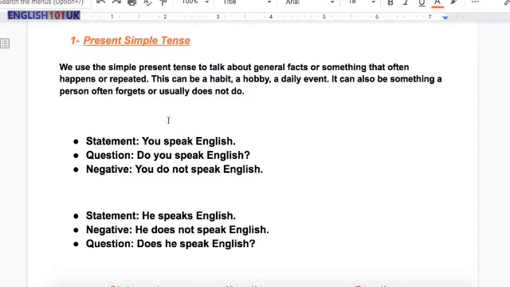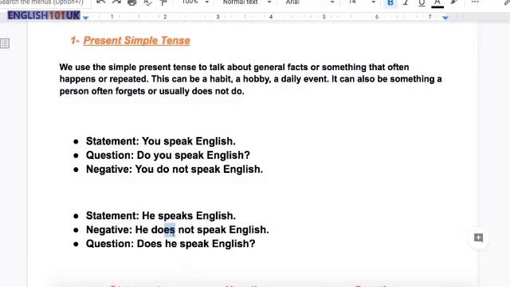How about the other pronouns? Let's take the pronoun he, for example. The statement says, he speaks English. So notice with me, we have a letter S here because we are using the pronoun he, and he is a third person. Okay, how about the negative form? He does not speak English. Again, we have the helping verb do, but we add es to form the negative.